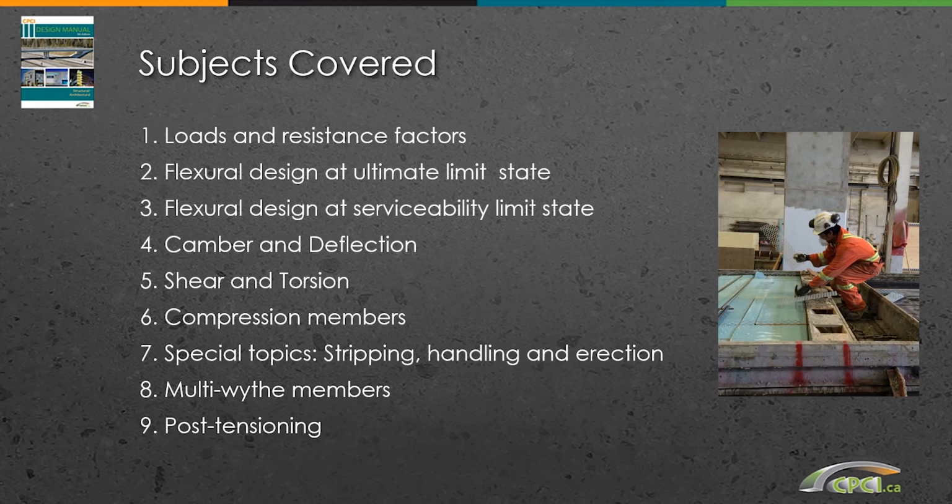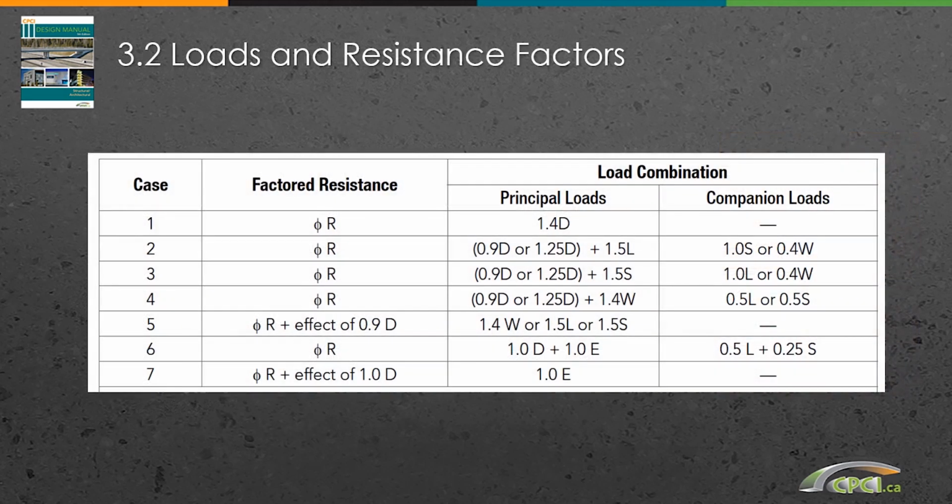The load and resistance factors, this is what we have right now, which follows NBC 2015. If you are familiar with these numbers, you'll notice that cases 2, 3, and 4 have changed immensely compared to the ones we had before in NBC 2005, and it moved a little in the direction of conservatism as opposed to being more liberal. So those 7 cases that we usually design for, notice that 2, 3, and 4 have changed.